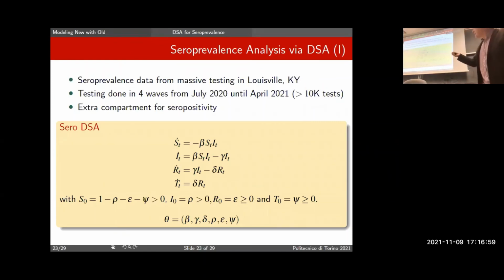So we used the simple SIRT model in which SIR was like before, but then we had this additional component, which we called T, that basically meant that after you recover, there was a period of time over which you were testing positive for the antibody. We had 6 parameters.